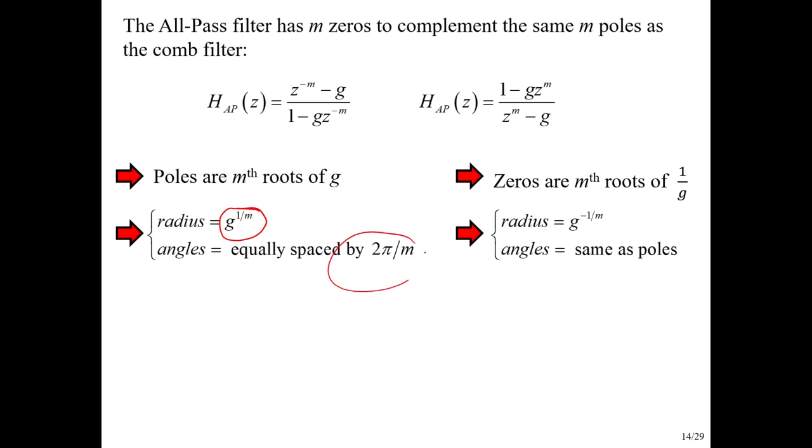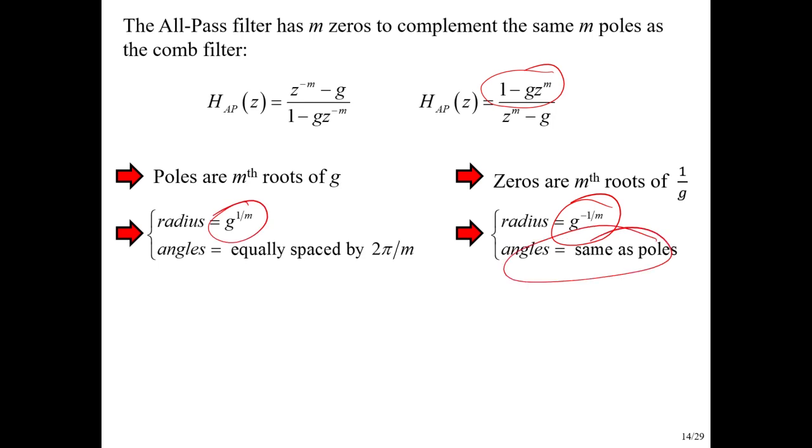And just like before, all the other poles will be complex valued, spaced around the z-plane with an angular spacing of 2 pi over m. And then the zeros are the reciprocals of those. So they're at a radius that's the reciprocal of this, but the angles are the same.